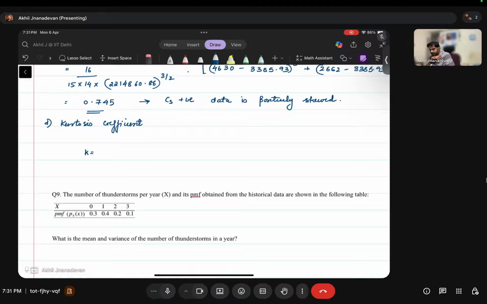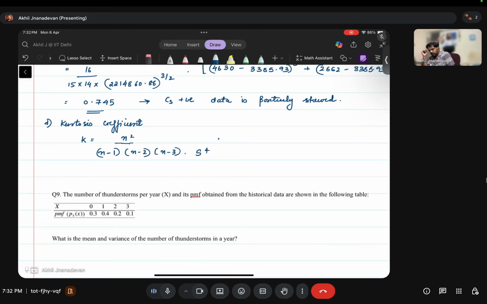K is equal to n square divided by (n minus 1), (n minus 2), and (n minus 3), into s raised to 4, standard deviation raised to 4.